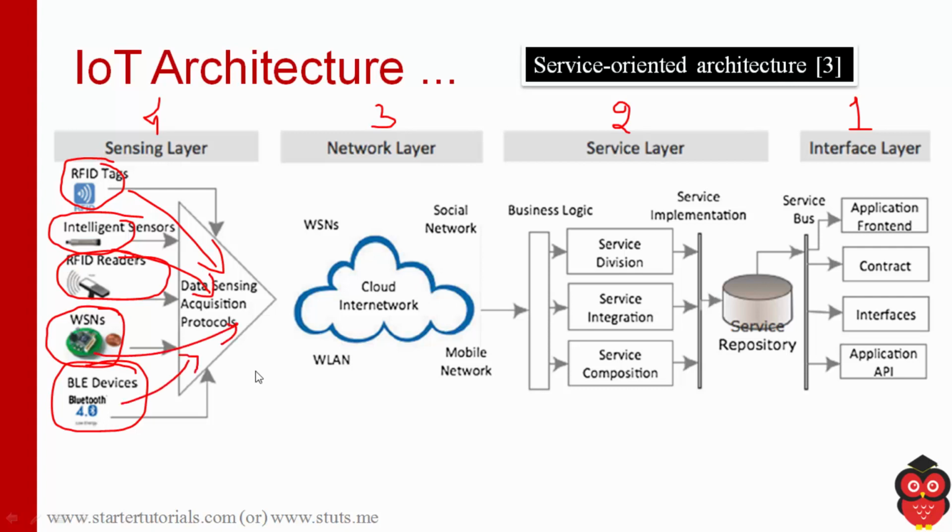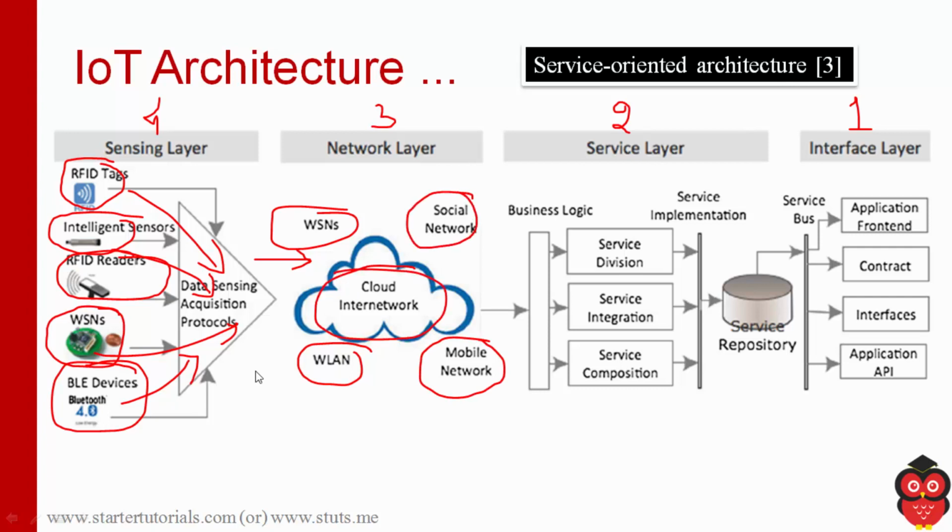Okay, and this data is sent to the service layer through the network layer, where you have networking concepts like wireless sensor networks, wireless LAN, wireless local area networks, or mobile networks, or social networks, okay, or the internet itself.